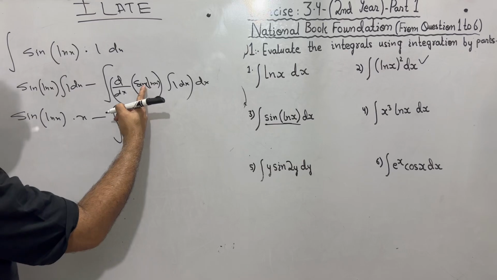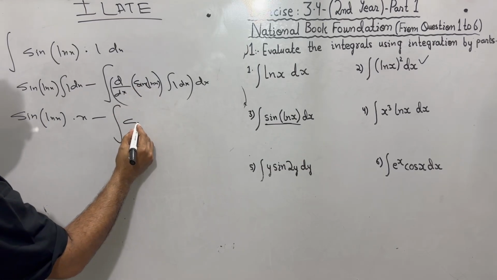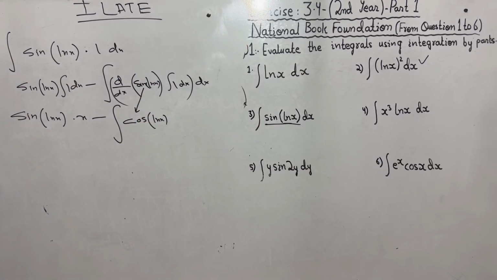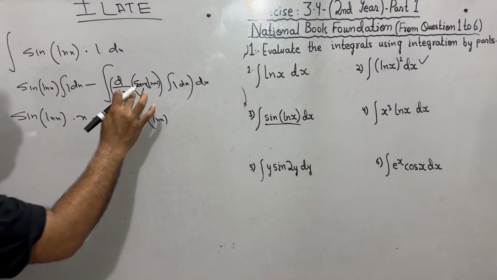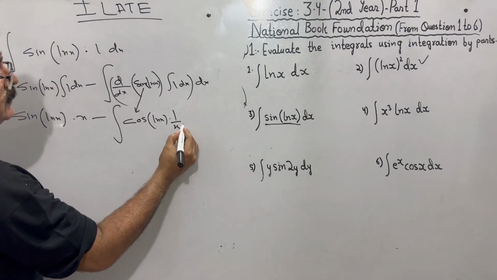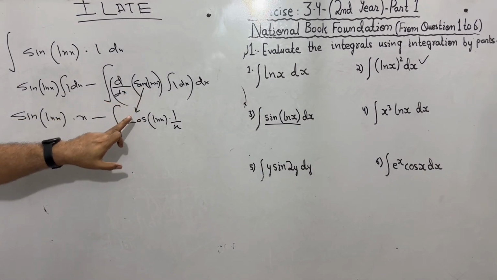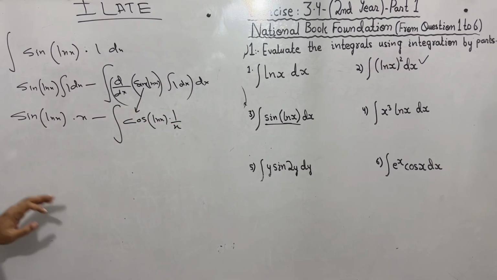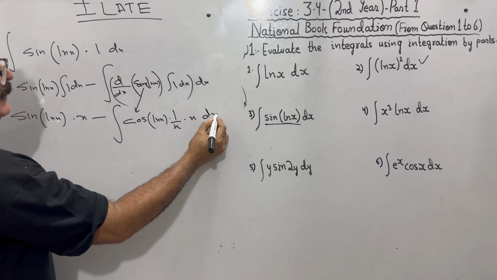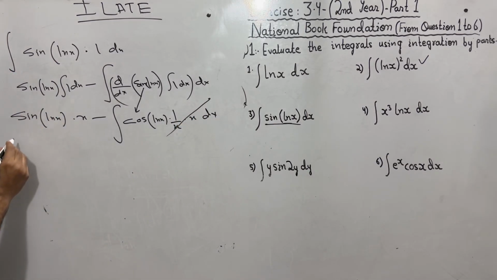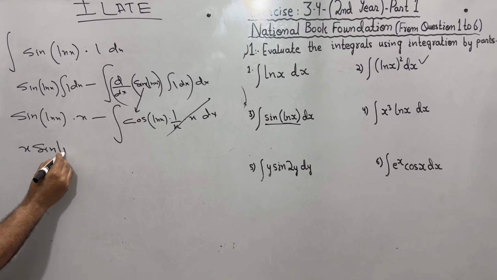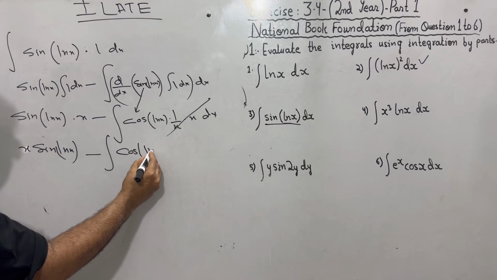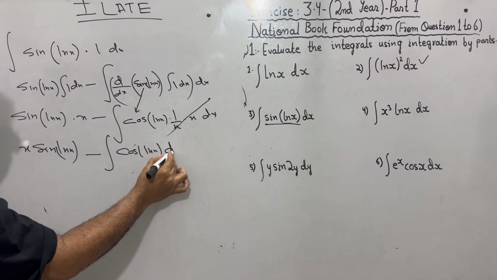Differentiation of sine is cos, angle same, argument same. Then the differentiation of argument, that is 1 over x. Times integration of 1, which is x, dx. It's cancelled out. I can arrange this as x sine ln x minus the integral of cos ln x dx.